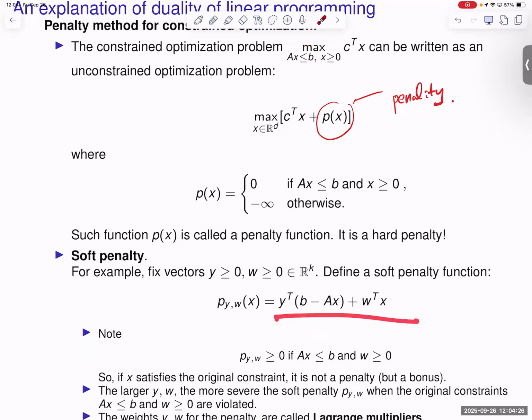But this is a linear function, so if you satisfy your constraint more, then you will even get a reward. It's not just penalty, but also reward. Right? So if you drive like 5 kilometers under, then the police station will pay you, I don't know, $5, something like that.